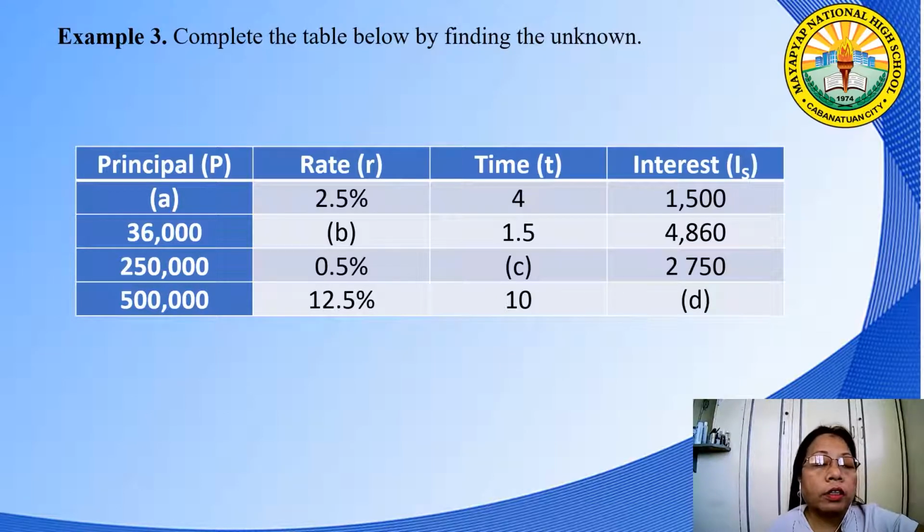Then for the third row, 250,000 pesos is the principal, the rate is 0.5%, and the interest is 2,750. You are asked to find the term or time. Then for the fourth row, principal is 500,000, the rate of interest is 12.5%, the time is 10. You are asked to find the simple interest.